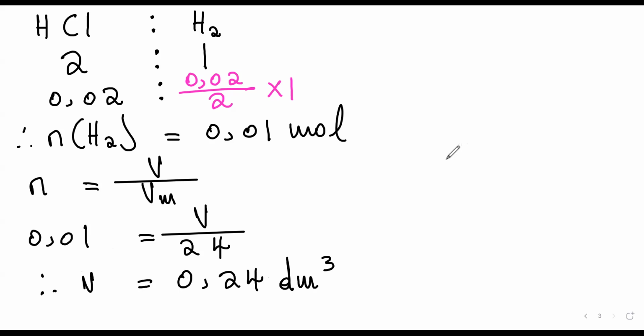So now we need to convert this to cubic centimeters by multiplying by 1,000. When we multiply by 1,000, we find that 240 cubic centimeters of hydrogen gas were produced.